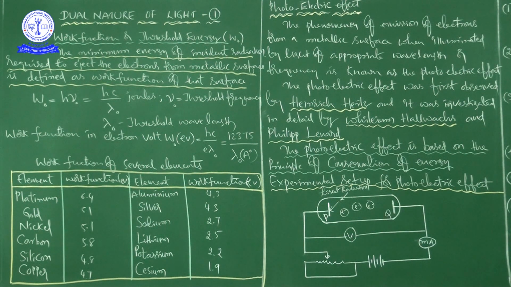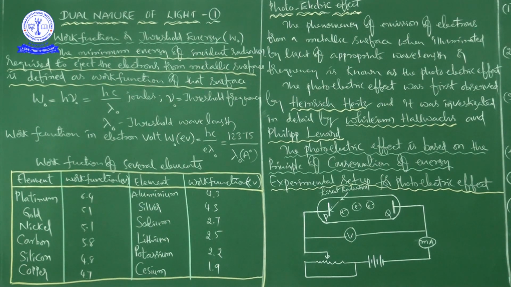So that certain amount of energy we are calling the work function, the work function of that particular metallic surface. So the minimum energy of incident radiation required to eject the electrons from a metallic surface is defined as the work function of that metallic surface.